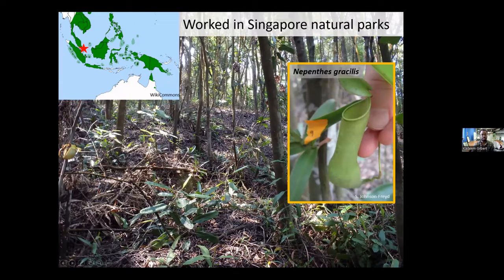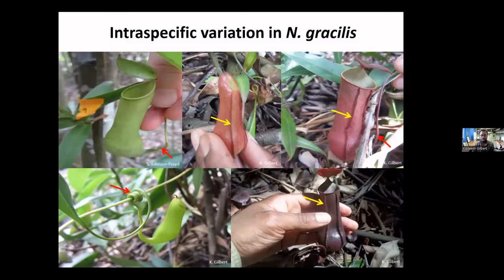And this is a great species for looking at questions about intra-specific diversity, because it exhibits all of that diversity that I've run through, where you have the pitcher dimorphism, but then also this really interesting color dimorphism that really stood out to me the first time in the field, where some pitchers are a lot more red and others are basically green.